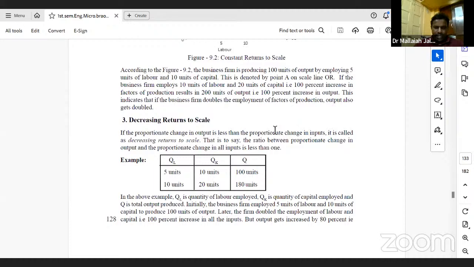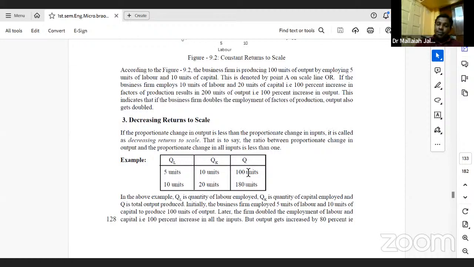Decreasing returns to scale. See, at the initial stage, we are using capital 10 units and labor 5 units, producing 100 quantity of output.